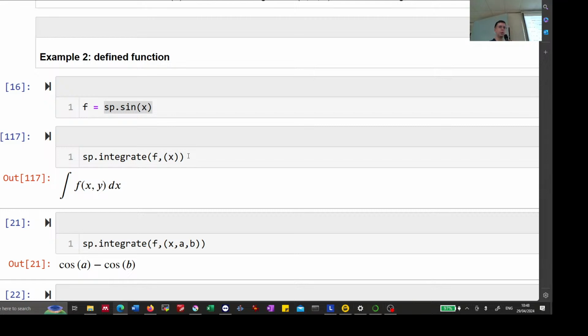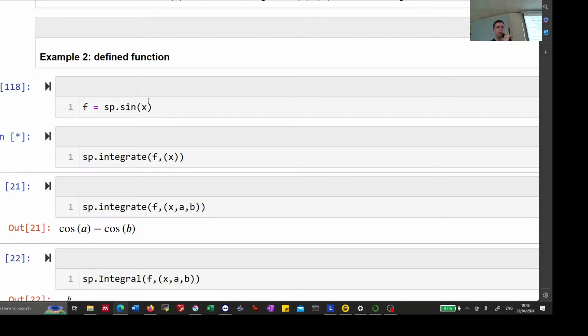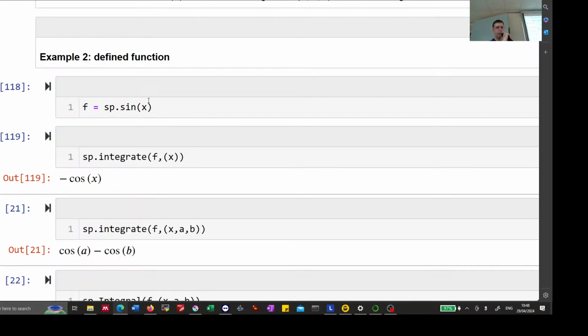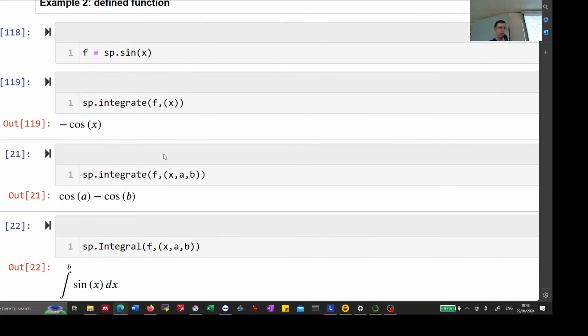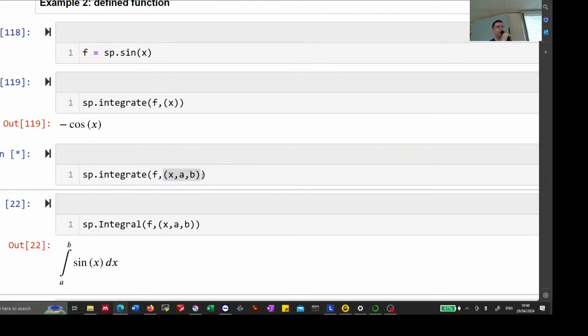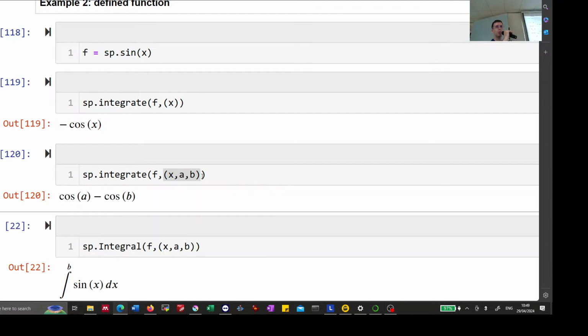Yes, that didn't work right. Let me try again, execute this, and then execute that. Then we can work with the integral boundaries, here given again as a tuple, x, and then boundaries a and b. Right, and if you have the result minus cosine x, you plug in the boundary from a to b, you get minus cosine b plus cosine a. Yes, looks right.